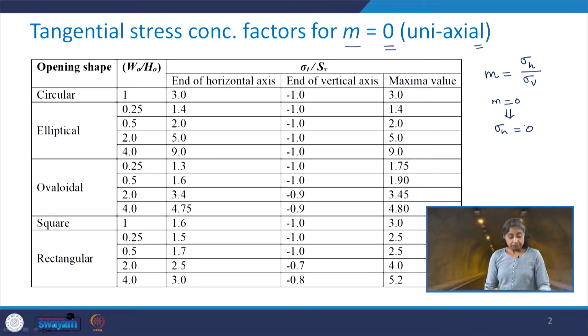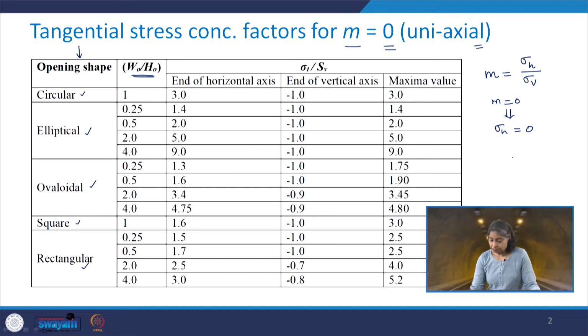So, here in the first column we have various opening shapes varying from circular to rectangular, and in between we have elliptical, ovaloidal and the square shape. Now, for the elliptical shape we have considered 4 values of W naught by H naught.